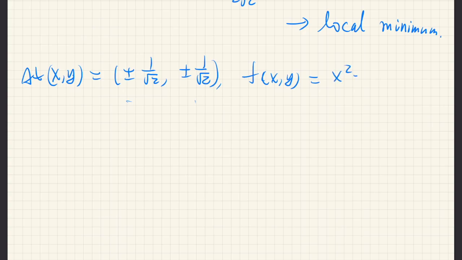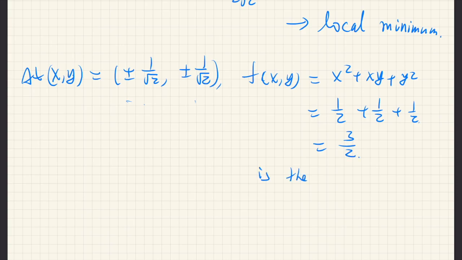That is x squared plus xy plus y squared. Let's see, they have the same signs, so that's 1 over 2, 1 over 2, 1 over 2. That's 3 over 2, which is the local maximum value.